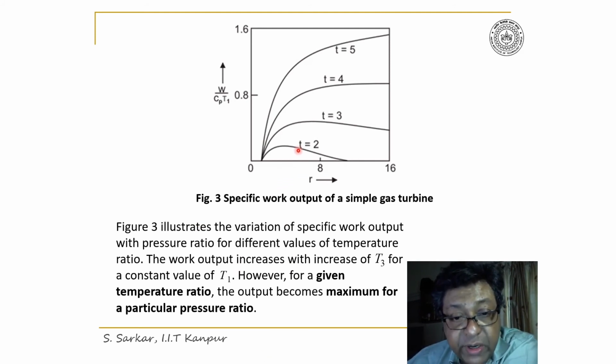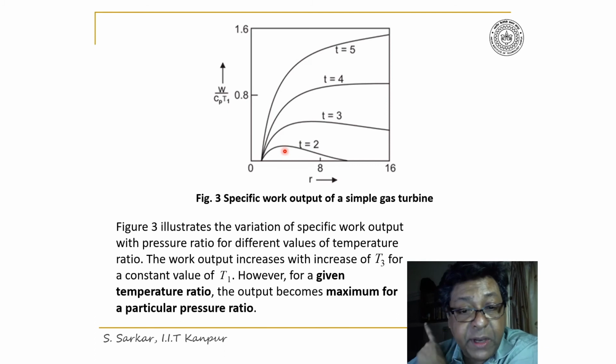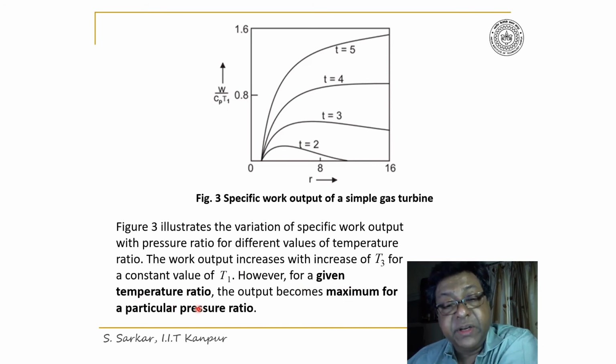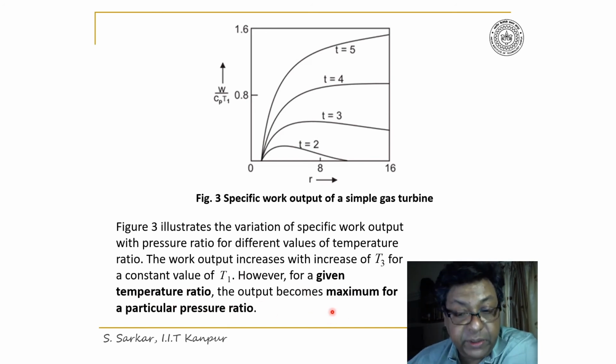Say, look, at around this point which I have indicated here, the specific work output becomes maximum. So this is a very important point I have written. For a given temperature ratio, the specific work output becomes maximum for a particular pressure ratio.